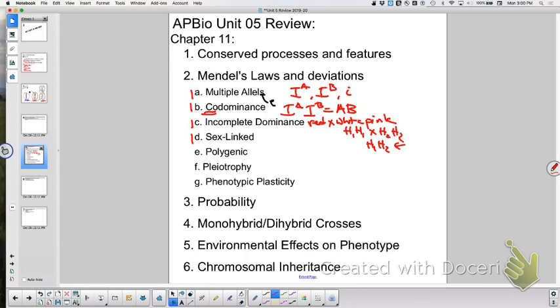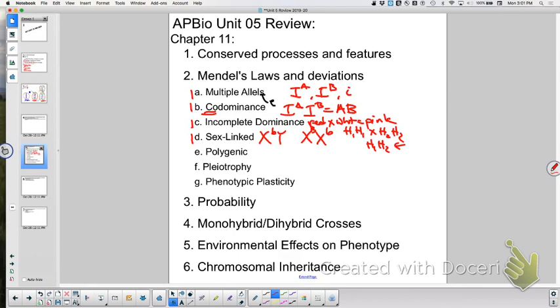But males, you will express a recessive trait even if you only have 1 copy of it, if it's on your X chromosome. So you will be colorblind with only 1 copy of it. But the females in the room, if you get 1 copy of it, you'll still have normal vision. The only way for females to be colorblind, if it's the sex-linked colorblindness, is if we get 2 recessives.